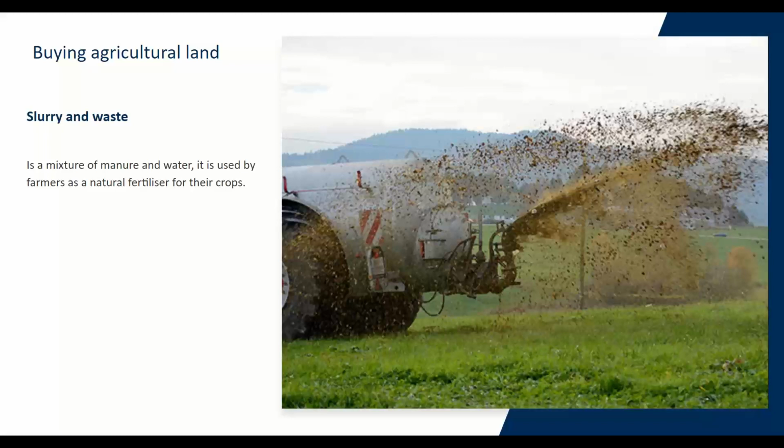The regulations specify the maximum quantity of slurry that can be stored, and that it must be stored more than 10 meters away from any inland freshwater or coastal waters. In addition, farmers are provided with Health and Safety Executive fact sheets, which help assist them with slurry storage and guidance.